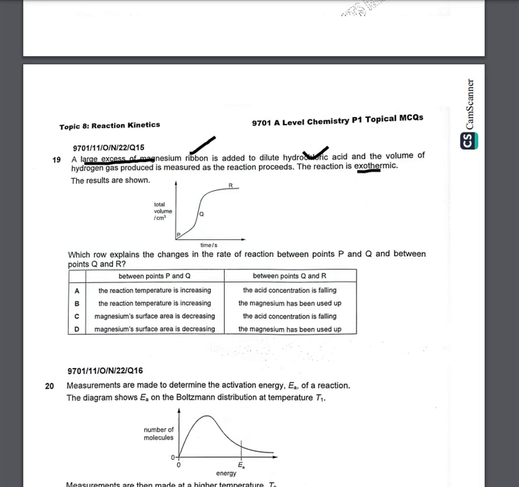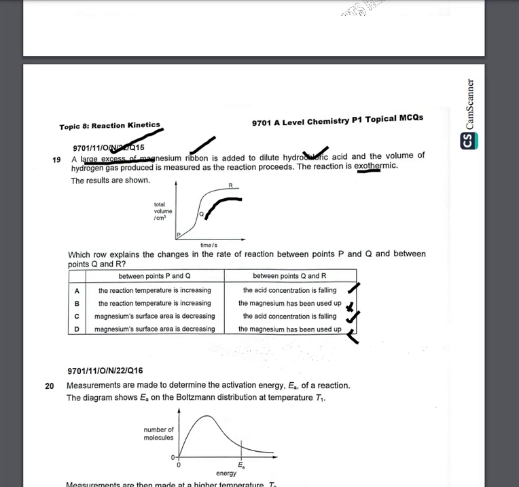So between points Q and R in this region, now he has told that the magnesium is in excess, so ignore A, ignore B and D. So the acid concentration must be falling, whereas the reaction is exothermic.